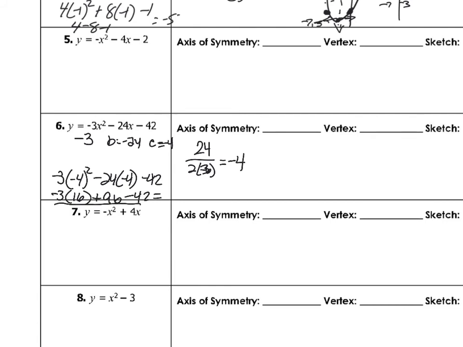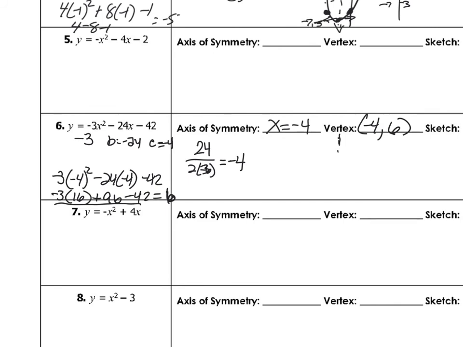You're going to get y equals 6. All right, so my axis of symmetry was negative 4. My x coordinate is negative 4, and my y is going to be positive 6.